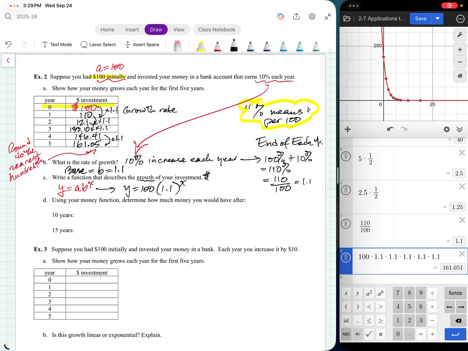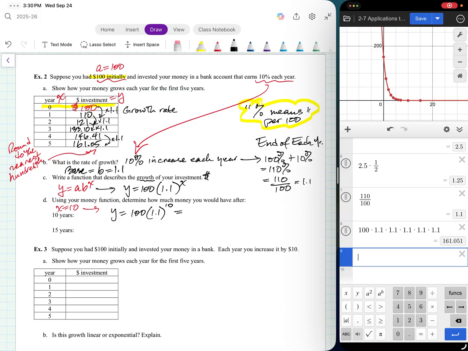Okay, and it says use your function to determine how much money you would have after 10 years. So remember, x is years, and y is money in dollars, your investment. So here, x is 10. So what does that give us in terms of y? So y is equal to 100 times 1.1 to the 10th power. What would that be?